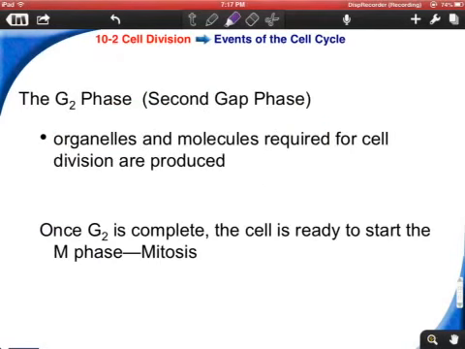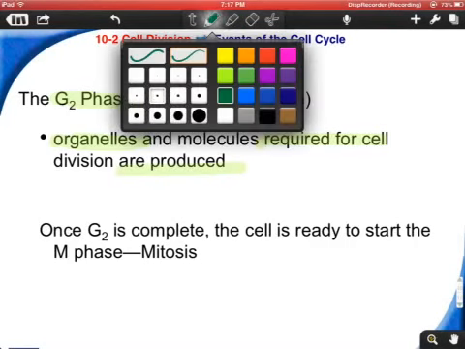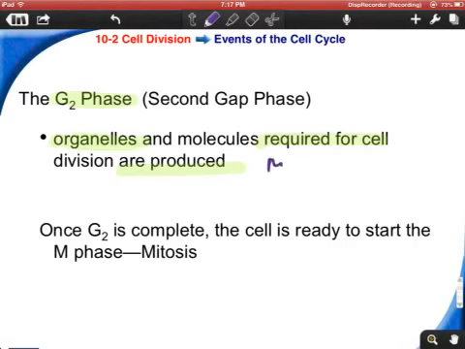The G2 phase basically is when the organelles and anything else required for cell division are produced. So in terms of organelles, maybe it's the mitochondria, the Golgi, any more ribosomes.